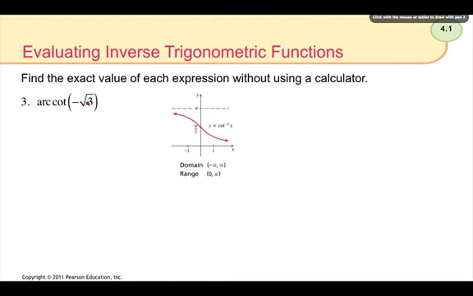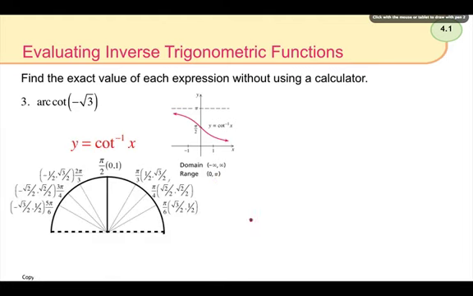The range, so the only angles that we can give as an answer for any inverse cotangent has to be between 0 and pi. So we're going to be considering this portion of the unit circle from 0 to pi, not including the endpoints.